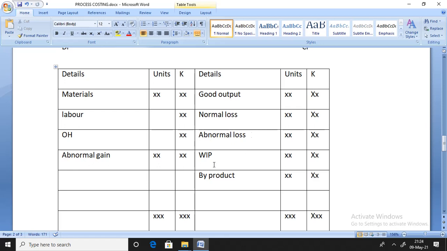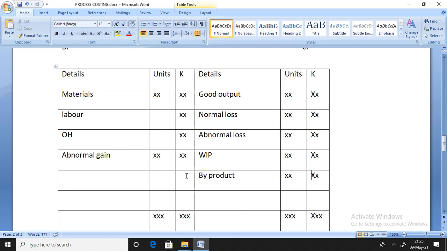So when you come to do the individual accounts for abnormal loss and abnormal gain, for example, you're doing the abnormal gain account. Here it's debited, you know the double entry. When you debit here, in the actual abnormal gain account, you are going to credit.